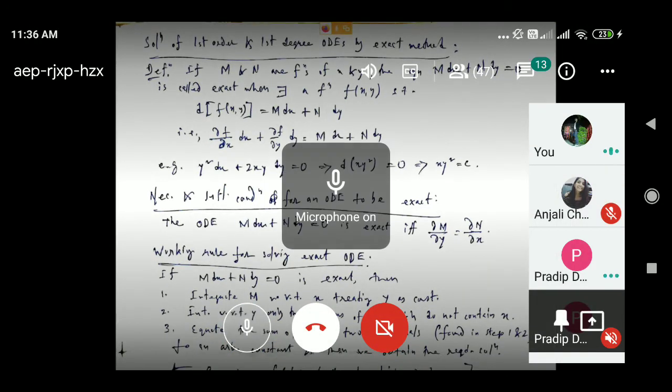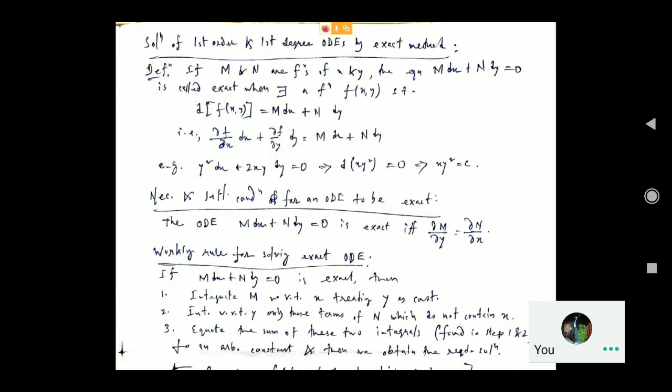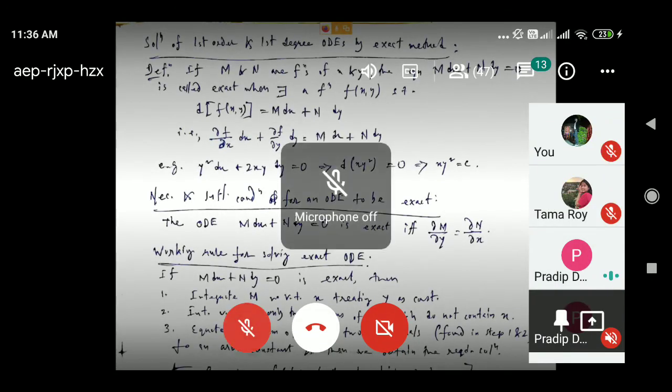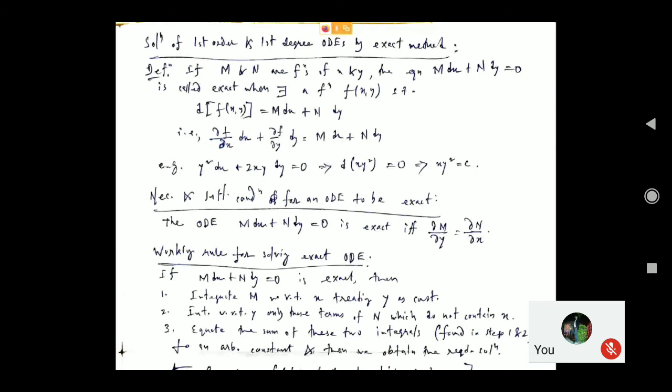Getting it or not? Yes, sir. Great. Yeah, it is like that product rule of derivative. The derivative of uv means what? u into the derivative of v plus v into the derivative of u. Like that. Only difference is that here you have two independent variables.